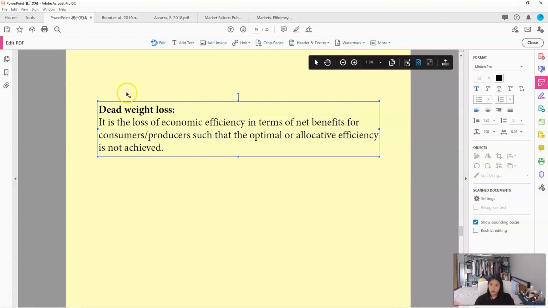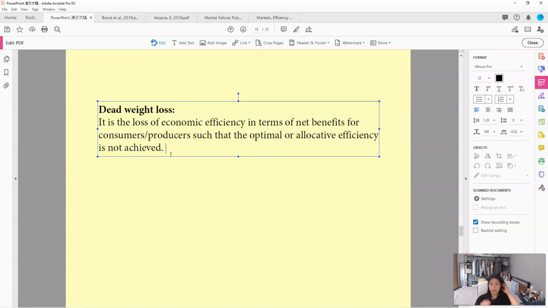After this page, we will talk a lot about how to find the deadweight loss. The deadweight loss is defined as the loss of economic efficiency in terms of net benefits for consumers and producers, such that the optimal allocative efficiency is not achieved.